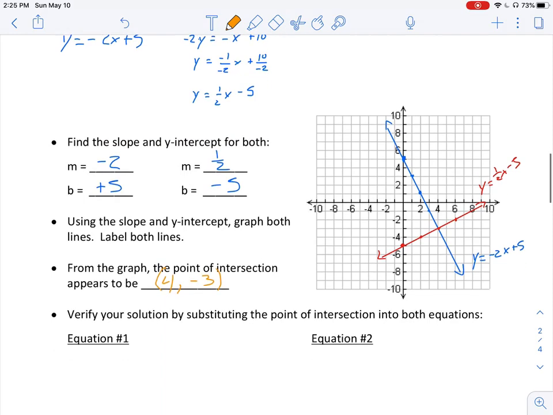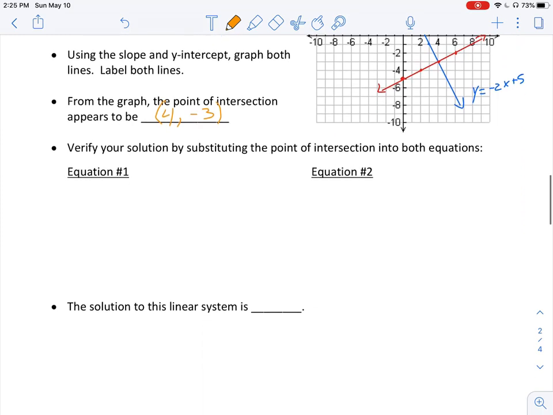Our final step, simply just to prove that this is in fact true, I know we can visually see it, but sometimes we won't always be able to see it, is plugging in, or substituting, the point of intersection into both equations. So my first equation, I have 2x plus y equals 5.